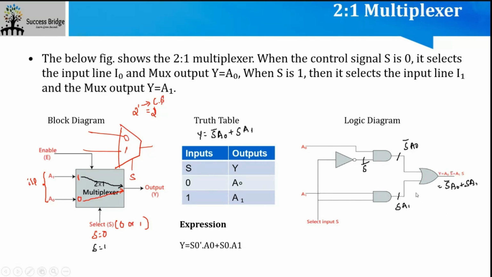This is very simple logic we can realize based on the behavior of the multiplexer. The multiplexer's combinational circuit is designed using three gates, or four gates including the NOT gate.